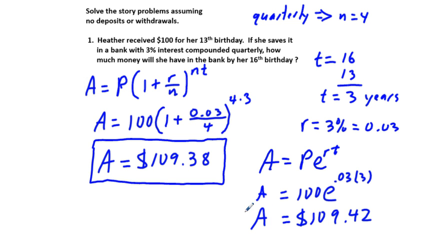Do you know how much more money compounding interest continually versus quarterly would have made Heather? 4 cents, $109.42 versus $109.38. Those numbers are quite close.